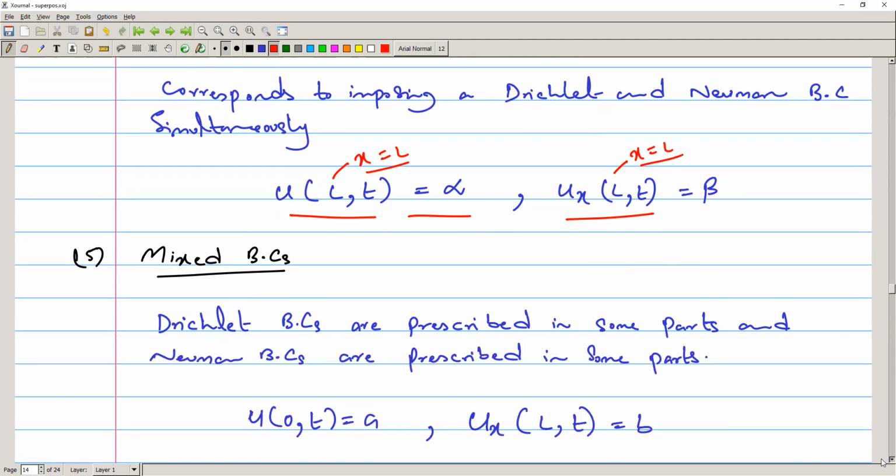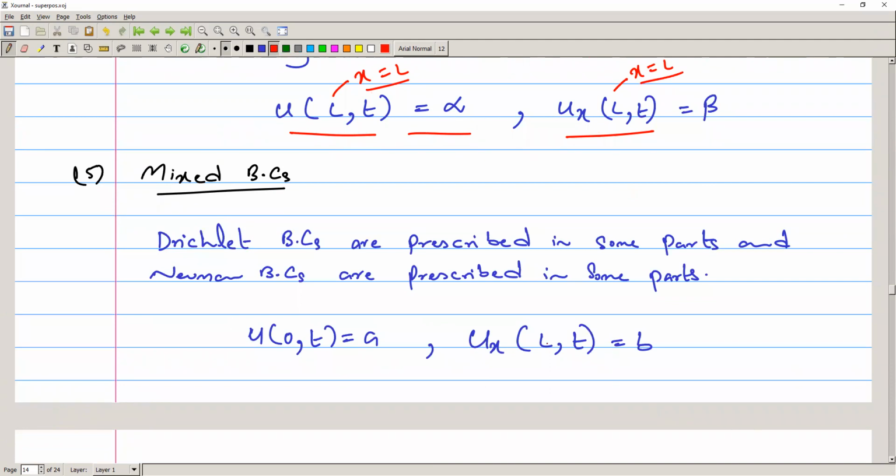Then we have mixed boundary conditions. So mixed boundary conditions are basically where Dirichlet boundary conditions are prescribed in some parts, and Neumann boundary conditions are prescribed in some parts. So you can see that here U of 0 comma t is equal to A, and here U of L comma t is equal to B, right?